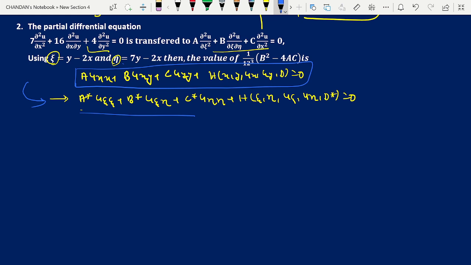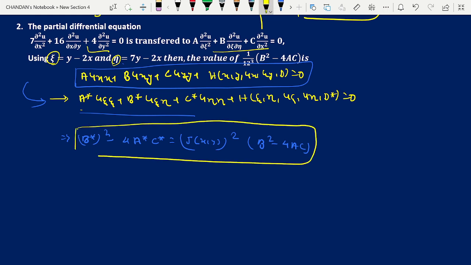So what is the relation between these two partial differential equations? b star squared minus 4 a star c star is equal to the Jacobian of (xi, eta) with respect to (x, y), squared, times b squared minus 4ac. This is the relation between the two.